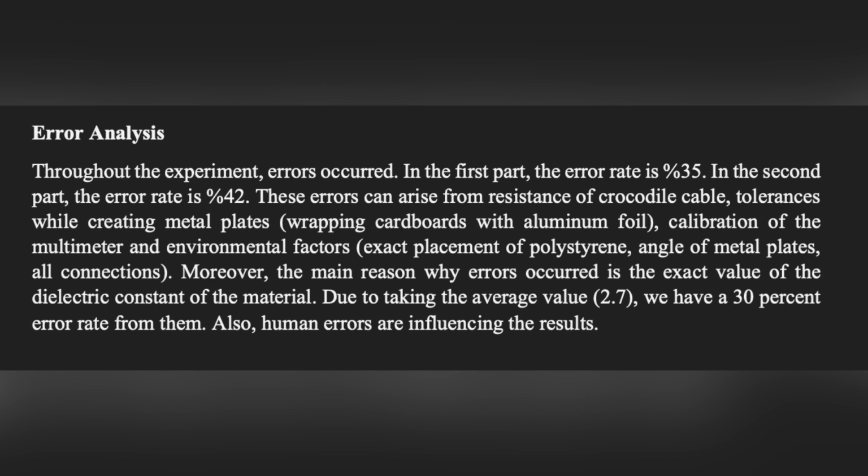Lastly, there were also errors that occurred, and we should make some error analysis. Through the experiment, we have some errors because of human error, the calibration of the multimeter, the resistance of the crocodile cables, and not having the exact value of the dielectric material, because it changes between 2.4 and 3, and we take the average value of 2.7.